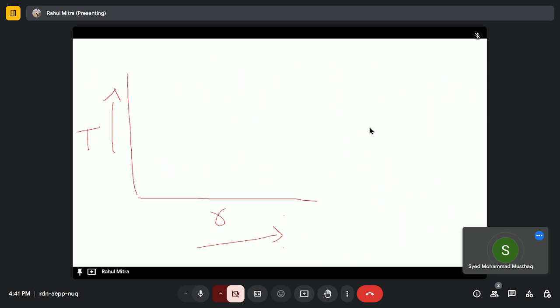Let's say if I just mention R, then what happens? So it shouldn't be 1 by R. The temperature will look like this.